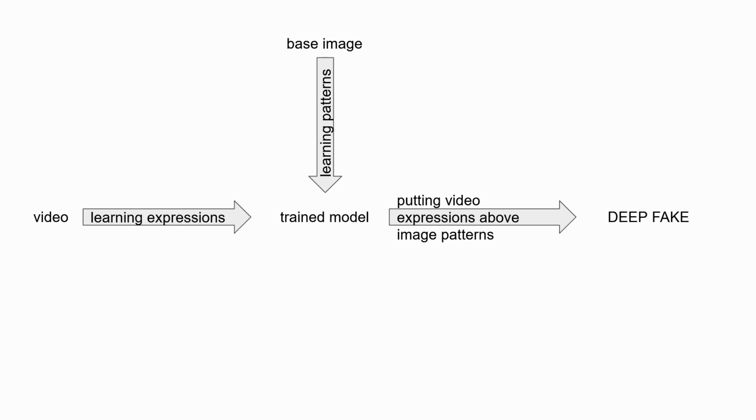So the model learned, okay, how is her mouth looking, and it's looking at DiCaprio's mouth and how the mouth is moving. And these patterns that it learned from DiCaprio's mouth were put over the patterns it learned from Mona Lisa's mouth.